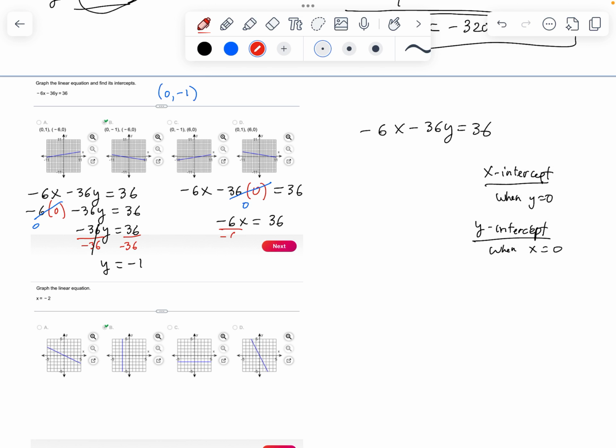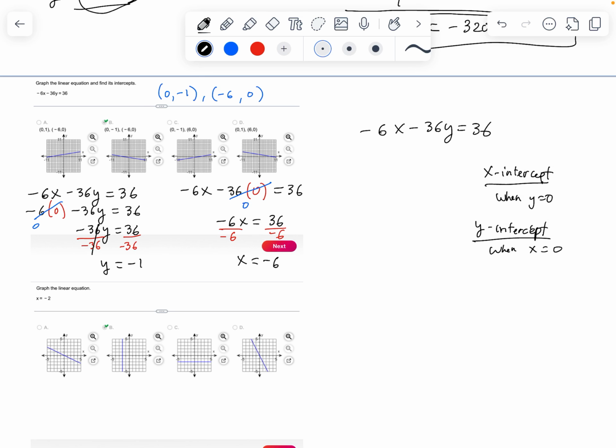To leave x alone, we divide by negative 6. That yields x equals negative 6. That gives us our second coordinate point, y 0, x negative 6.